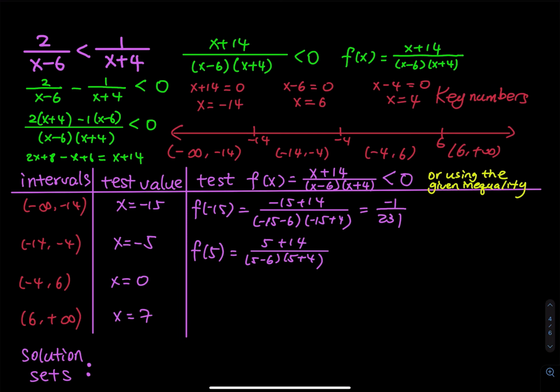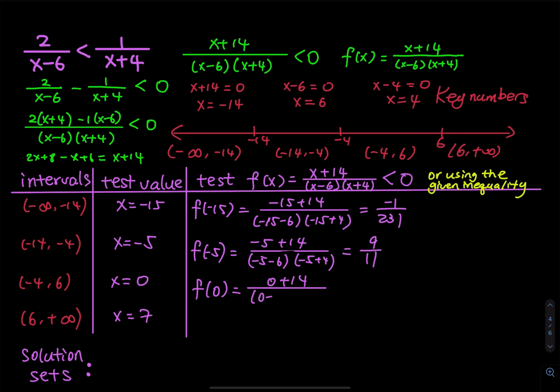For f of 3, the top is positive, and the bottom has two negatives, so at the end this will be positive. Then f of 5 should be easy. 5 minus 2 is positive, 5 minus 6 is negative, 5 minus 4 is positive, so this is negative.